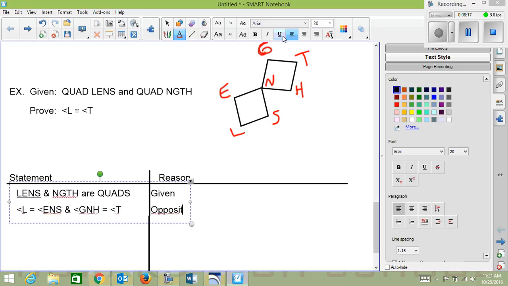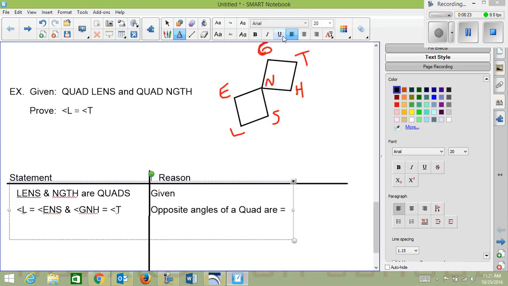Because opposite angles of a quadrilateral are equal, or congruent. Then I can say that angle ENS is equal to angle GNH. How do I know that? We're talking about this angle right here and this angle right here. How do I know that? Because they're vertical.